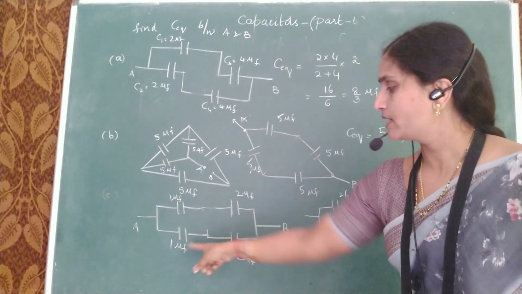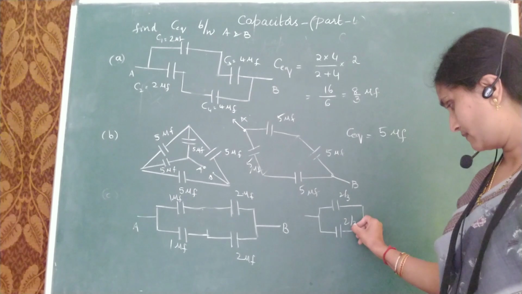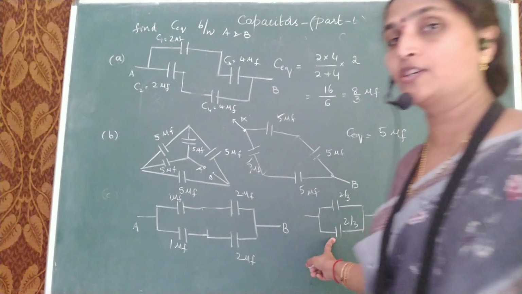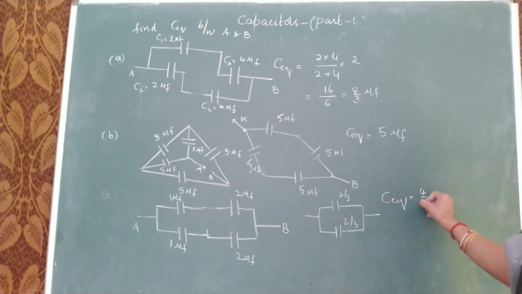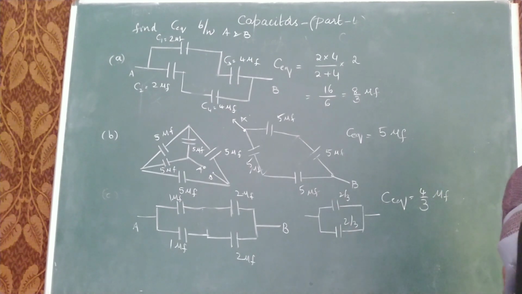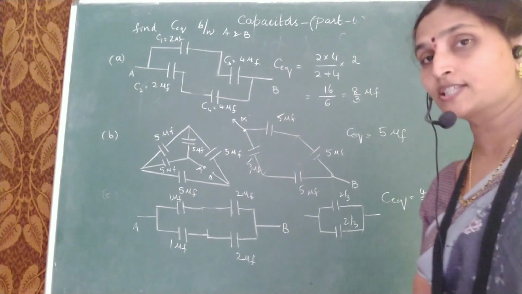Below also 1 and 2 are in series, you will get the answer 2 by 3. Now how are 2 by 3 and 2 by 3 in parallel? So what should be your equivalent capacitance? C equivalent will become 4 by 3 microfarad.